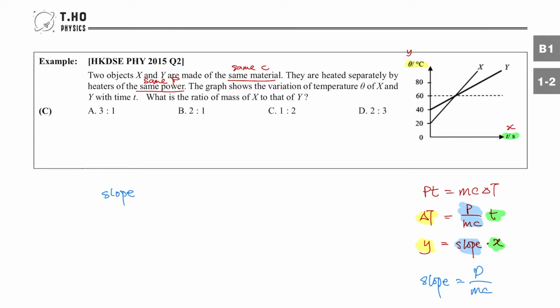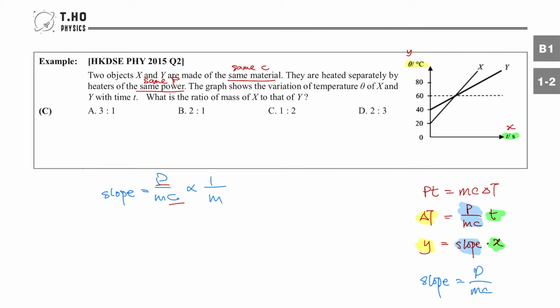Because P and c are constant, they are the same for two substances, we can conclude that the slope is proportional to 1 over m. That means if mass is larger, the slope will be smaller.